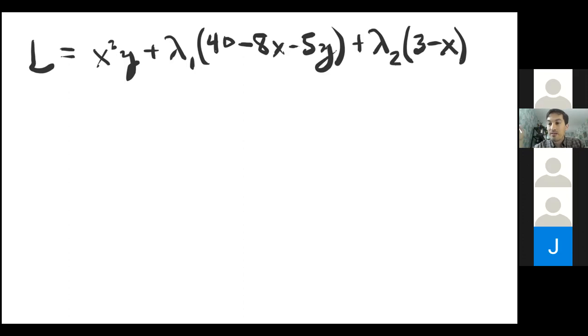Start the problem out as if all 3 constraints bind, and you'll probably get to a point where, wait a second, if we make that assumption, then this lambda here would have to be negative, and that's not possible. So you get to some kind of contradiction, and then you would say, well, probably it's this constraint that is not binding.